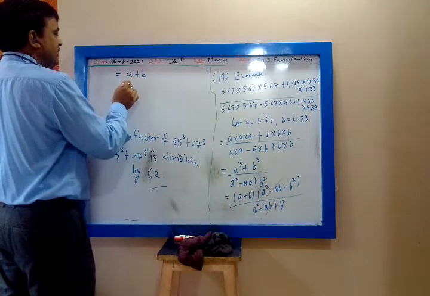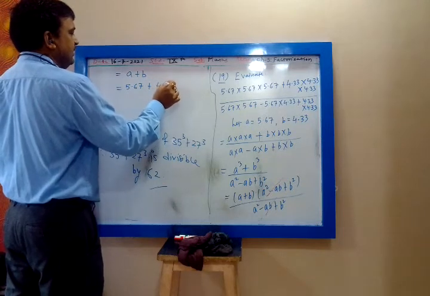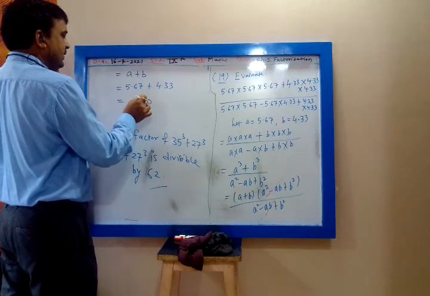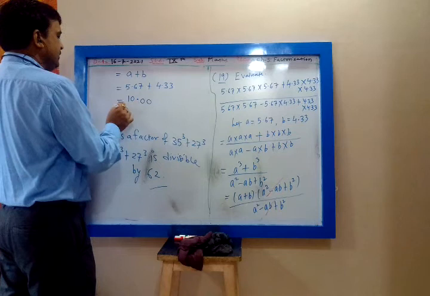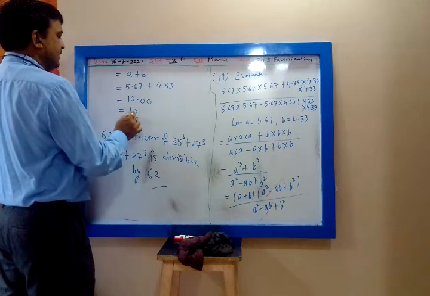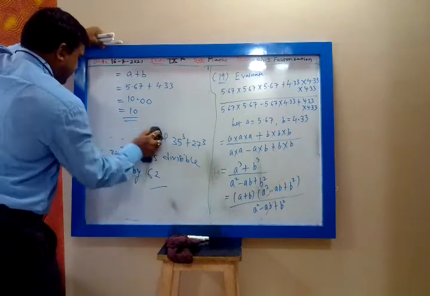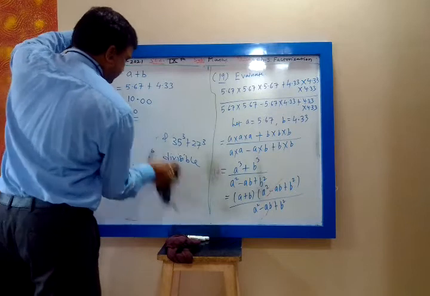A is 5.67 plus B 4.33. So 7 plus 3 is 10, 6 plus 3 is 9, 5 plus 4 is 9, plus 1 is 10. 10.000 means 10. The answer is 10.